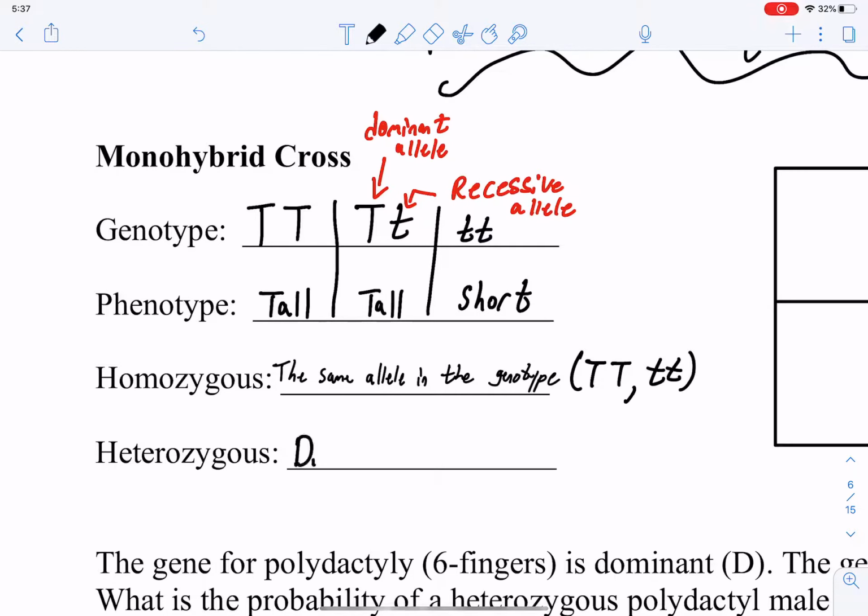Heterozygous, on the other hand, is when we have different alleles in the genotype. So this is only ever going to be one dominant and one recessive. So if you ever know that an organism has a heterozygous genotype, you automatically know its alleles.